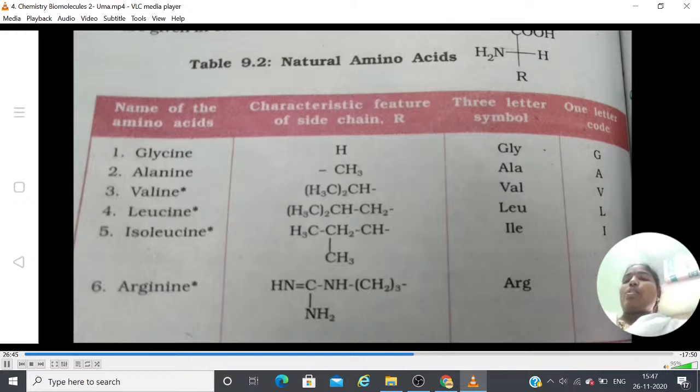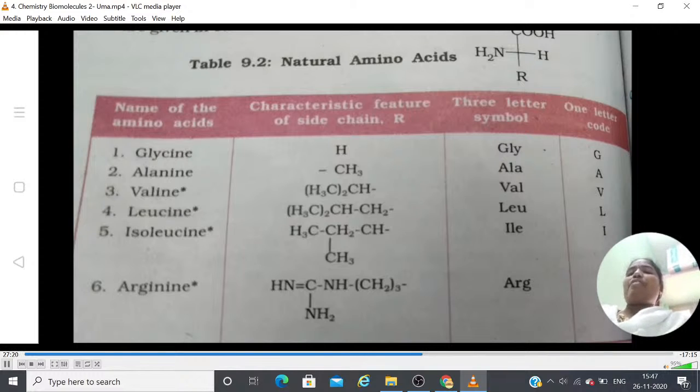The general molecular formula of amino acids is COOH, CH2, NH2. In CH2, one of the hydrogens is replaced by an alkyl group: hydrogen, ethyl, methyl, propyl, butyl, and so on. As the alkyl group changes, the name of the amino acid changes.